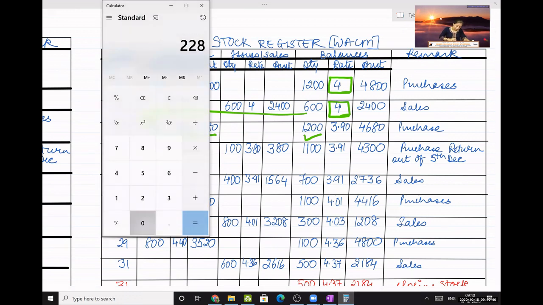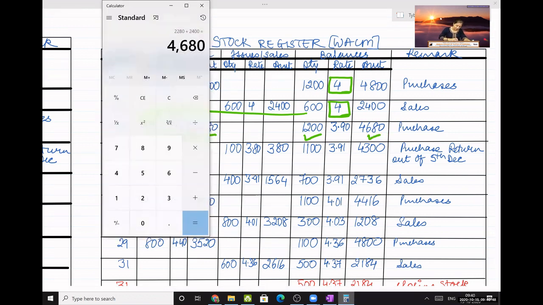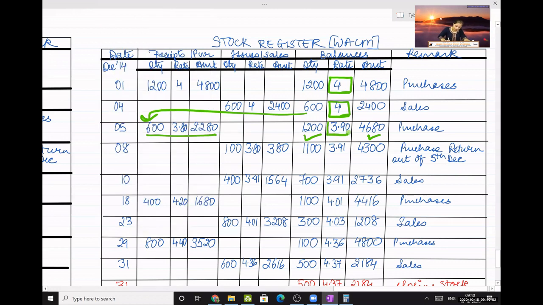So 2280 plus 2400, 4680. Add the amount and then divide. 4680 divided by 1200. So 3.9. So this is my weighted average cost. Clear?